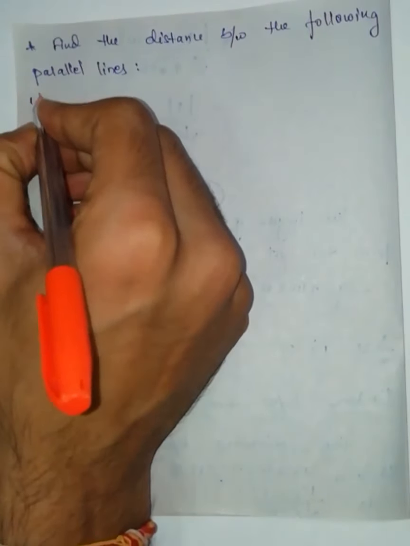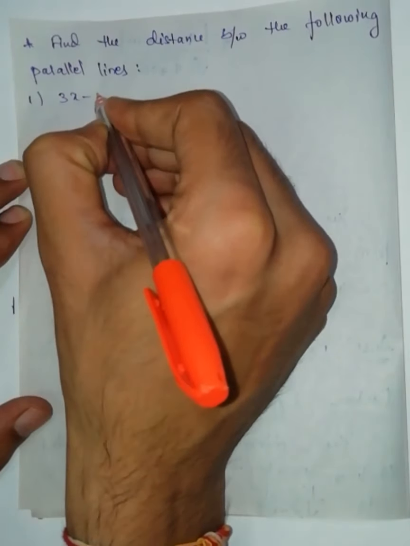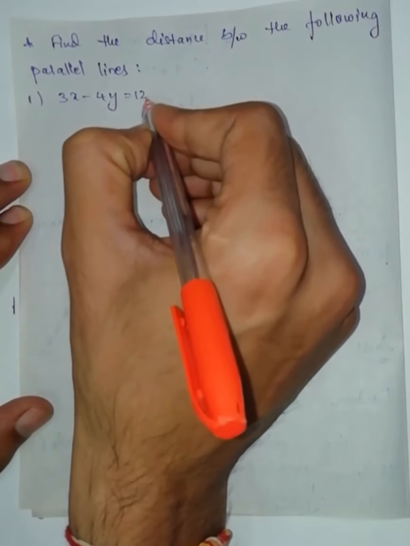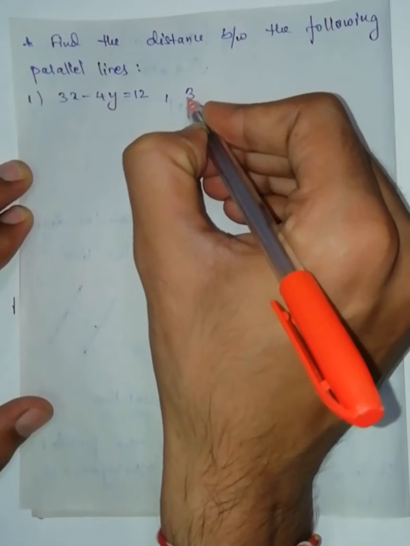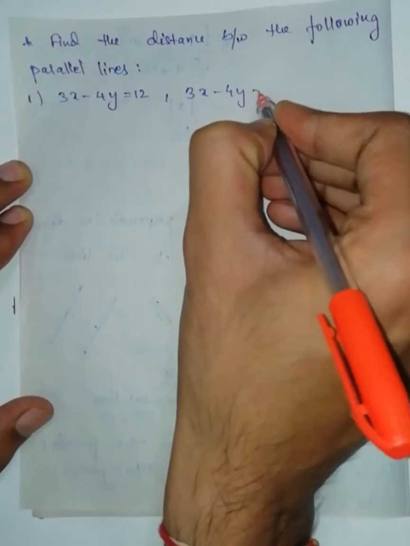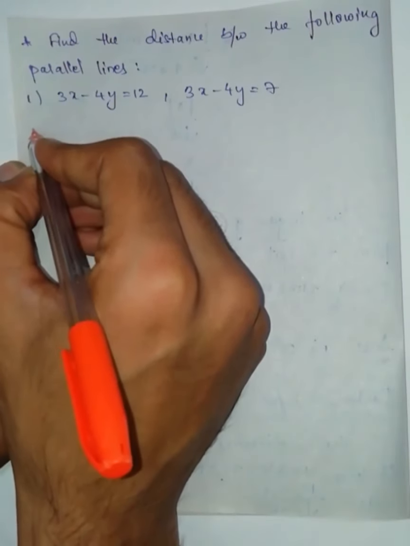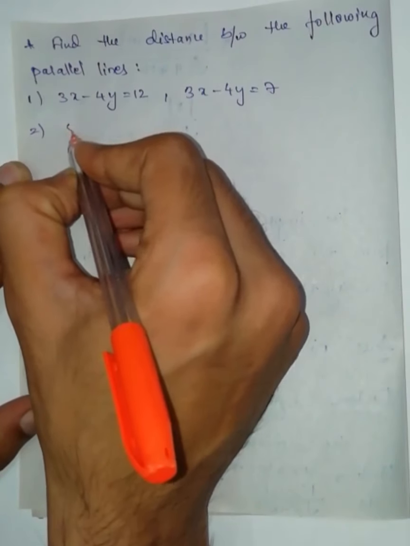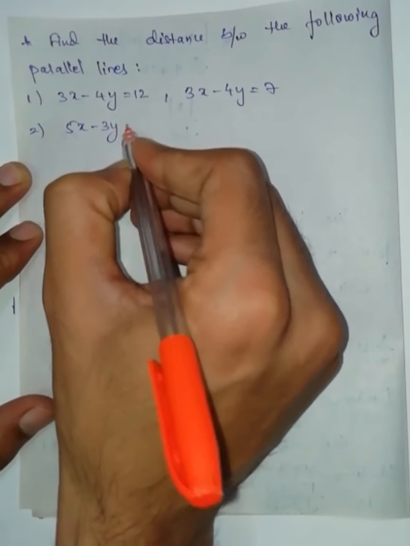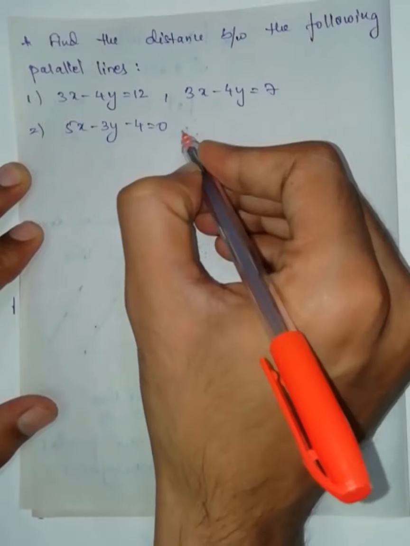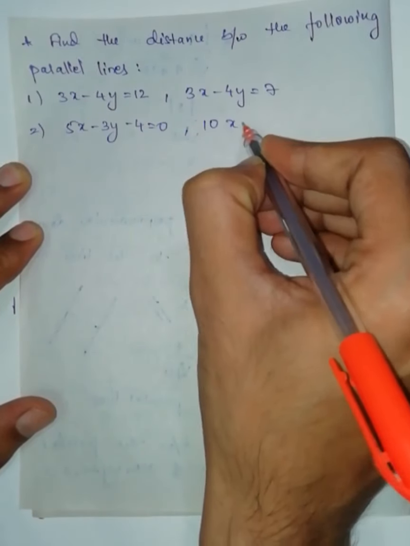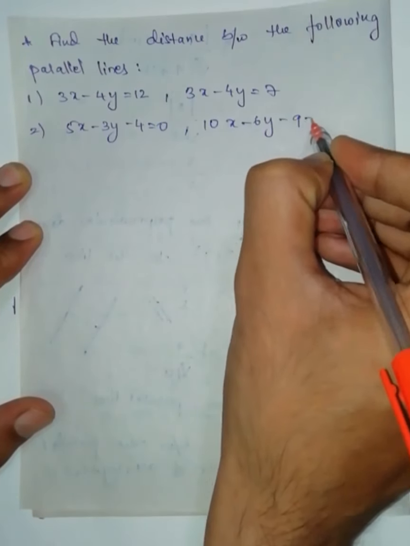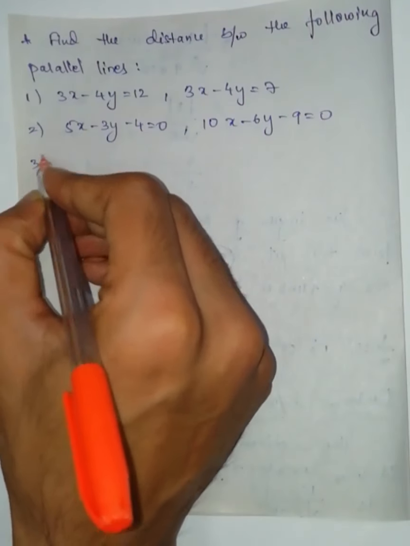In this first one, 3x minus 4y is equal to 12 and 3x minus 4y is equal to 7. Second one, 5x minus 3y minus 4 is equal to 0 and 10x minus 6y minus 9 is equal to 0.